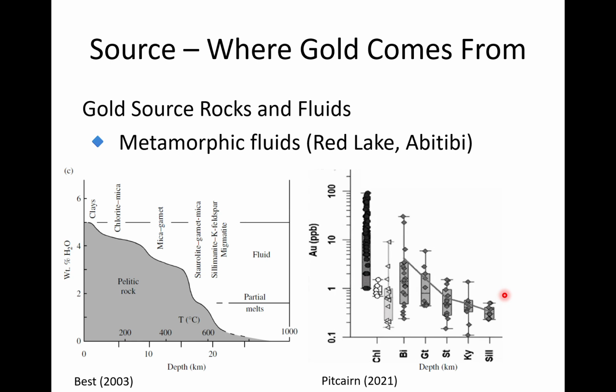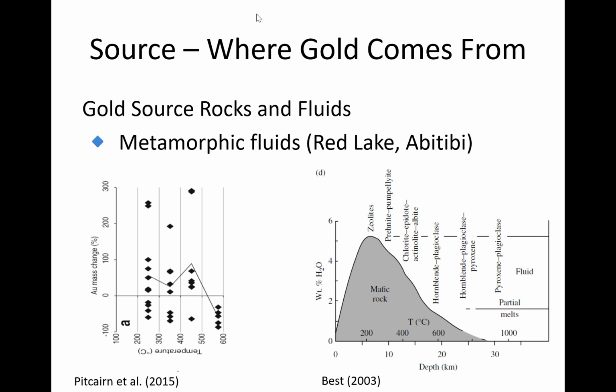And world-class gold deposits in the area host about 7,500 tons, which is about 3% of the total gold mobilized from the sedimentary rocks with a volume of 25,000 cubic kilometers. And this highlights the significance of metamorphic devolatilization. This is another example of metamorphic devolatilization, of mafic rocks.